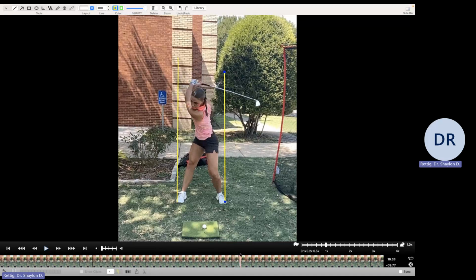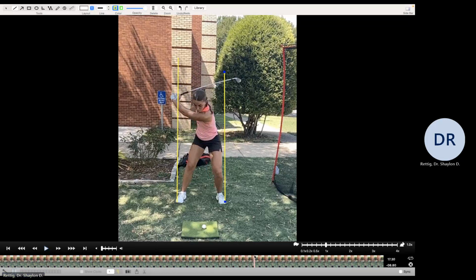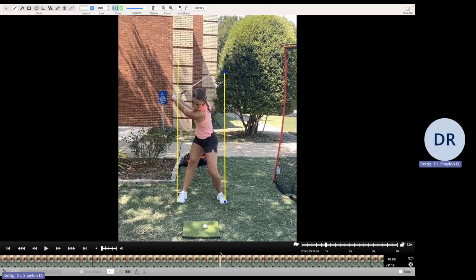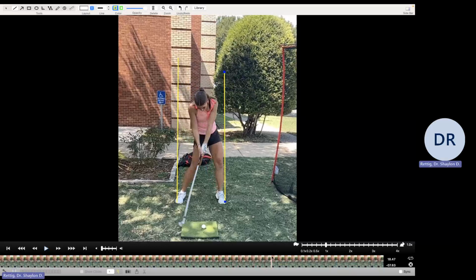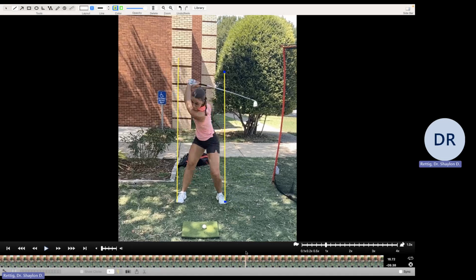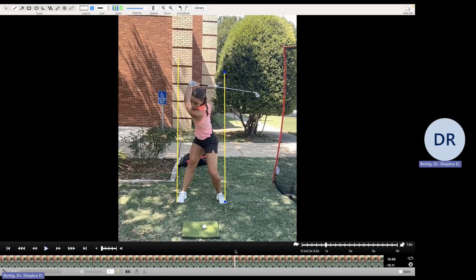So what we would want to see is those hips, they're rotating, but there's really no significant movement towards the target. And again, I'll send you a video that clarifies that piece. And the reason this is important to us is that it's a major power leak.